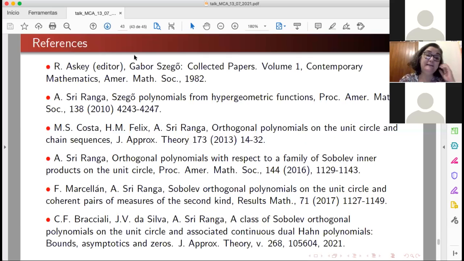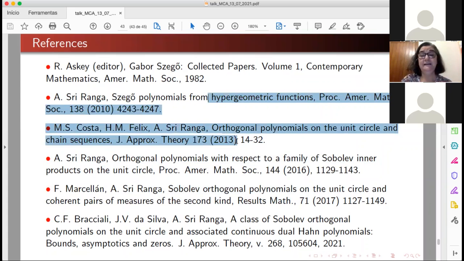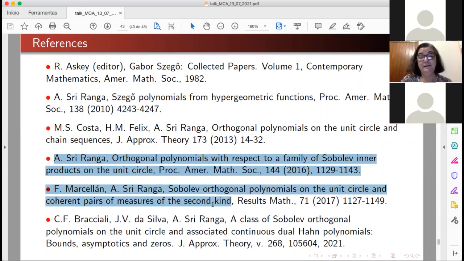So I think this is what I wanted to tell. Here are the references. We mostly use these references about this family of Sobolev orthogonal polynomials, here just polynomials on the unit circle. Then here are the two papers that I told you before about Sobolev orthogonal polynomials.